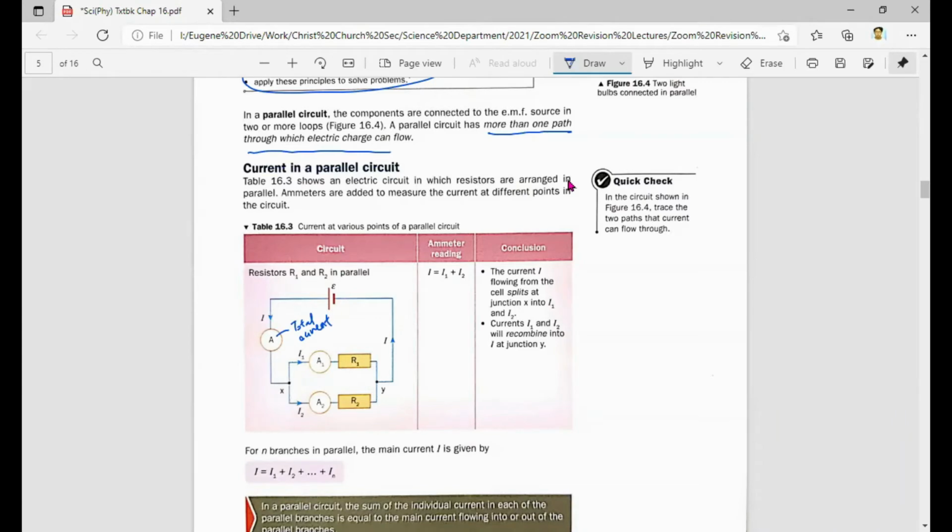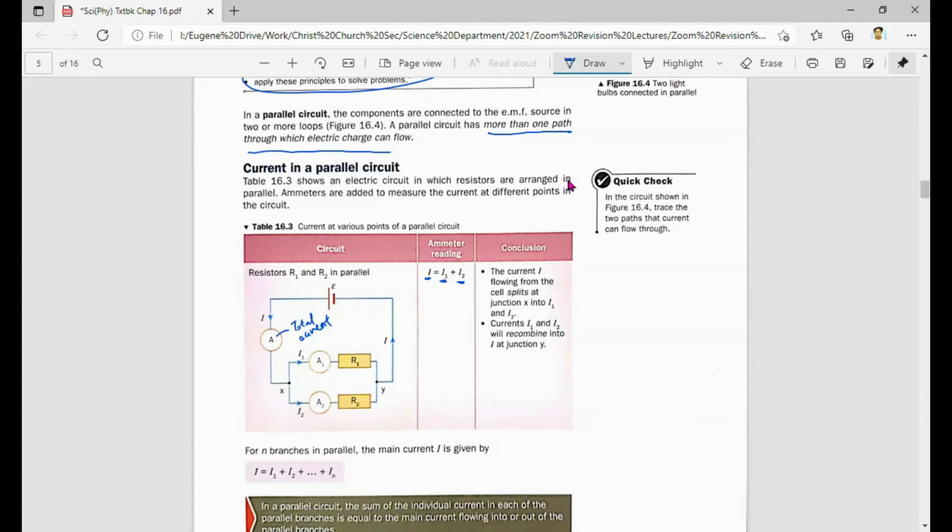So when they switch the circuit on, what they realize is that A, which measures I, is actually equal to I1 plus I2. This was based on the experiment: if you just have the circuit connected and switch it on, you'll find out that this is what is happening.